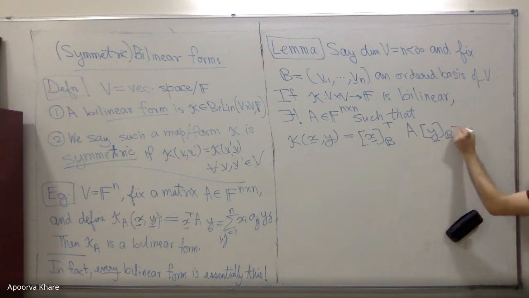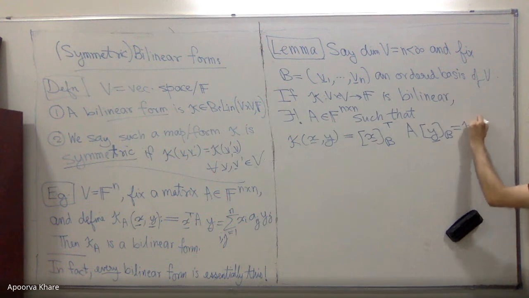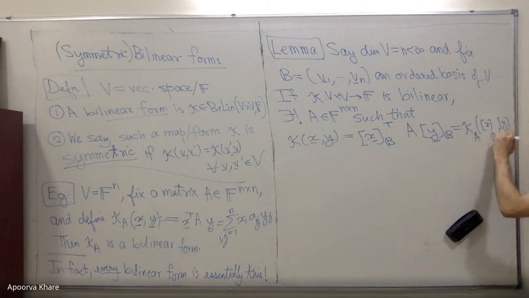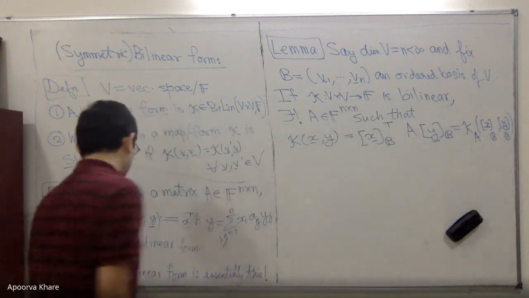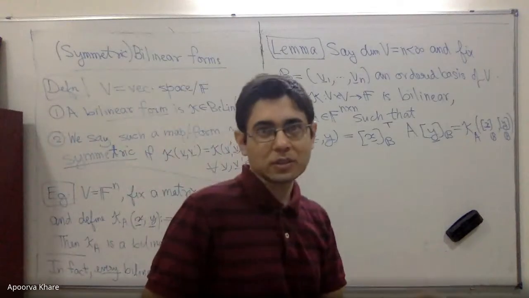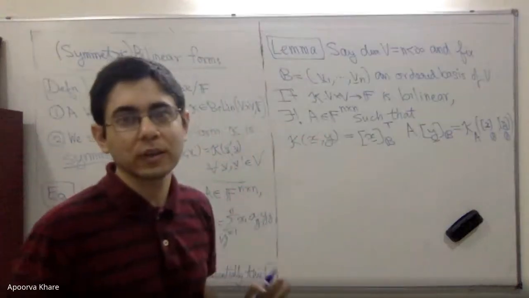This is precisely kappa A of x in B and y. So that's the point: every kappa is the same as kappa A with respect to some basis. So fix any coordinate basis, fix any bilinear form, then you can always find a unique matrix.